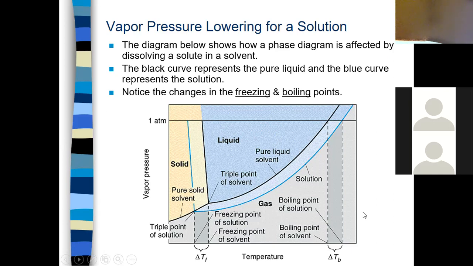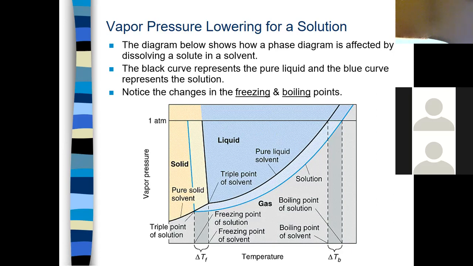Now, what happens if you dissolve something in the water? Okay, now there are 2 kinds of solutes that we can talk about here. There are volatile solutes. Volatile means they evaporate, like alcohol, for example. And then there's non-volatile solutes, things that don't evaporate, sugar and salt, things like that.